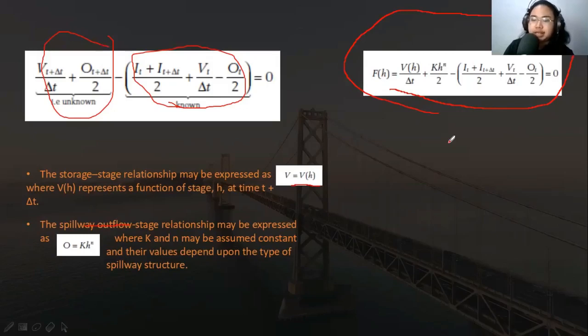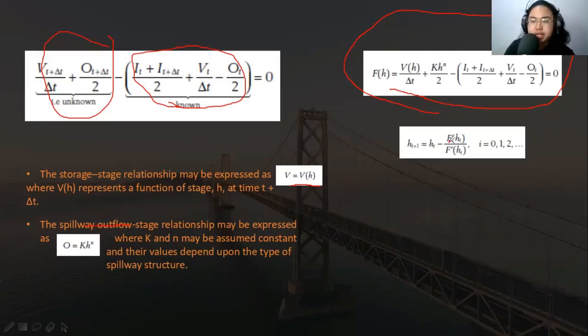Root finding methods such as the Newton-Raphson method, which I mentioned earlier, where a better estimate of the root, h sub i plus 1, is given by this. So h sub i plus 1 is equal to h i minus the function of h i over the function prime of h i, where i is 0, 1, 2, and so on.